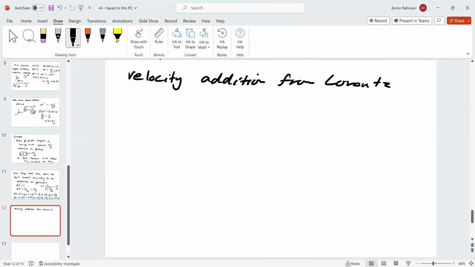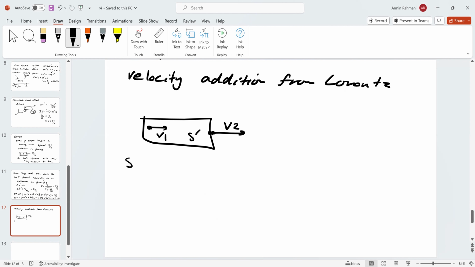All right, so the situation is, again, we have some frame S prime that's maybe moving with velocity v2, and we have an object that has velocity v1 with respect to S prime. And then we're interested in the velocity of this object in reference frame S, in which S prime itself is moving with velocity v2.